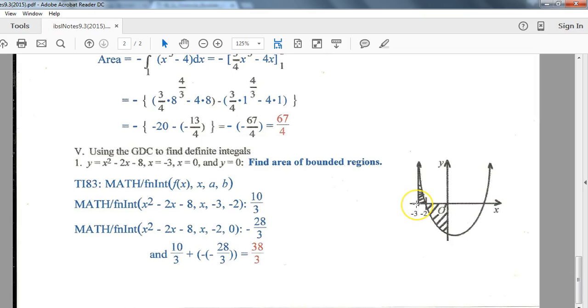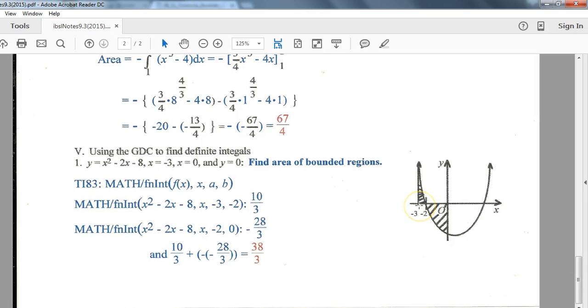If you just go in your calculator from -3 to 0, well, this area right here is 3 1/3. This area is technically -9 1/3, so your calculator will subtract them instead of add them. So really important that you break this up.